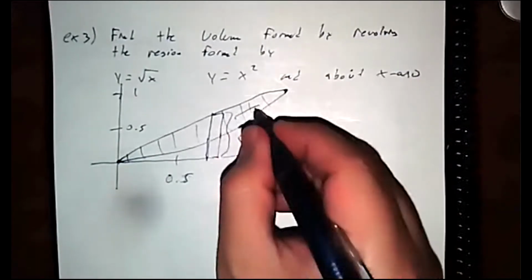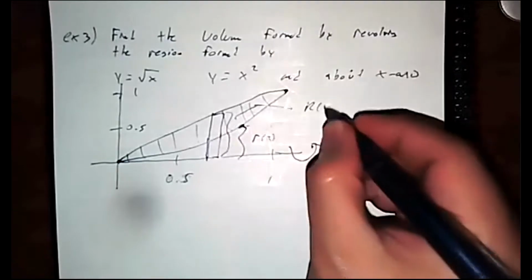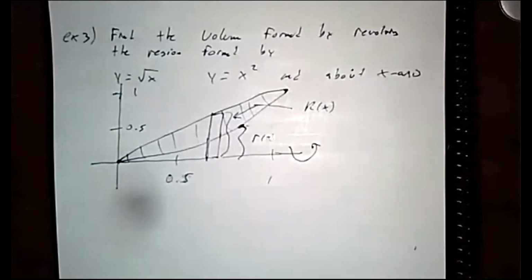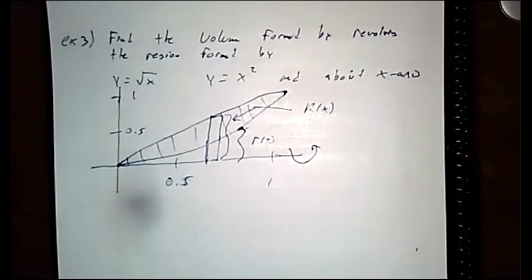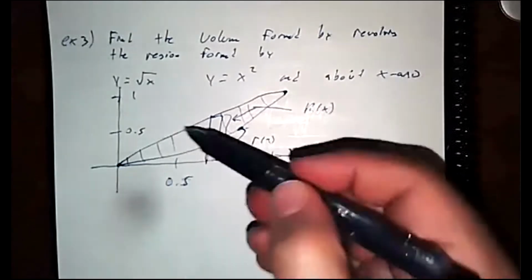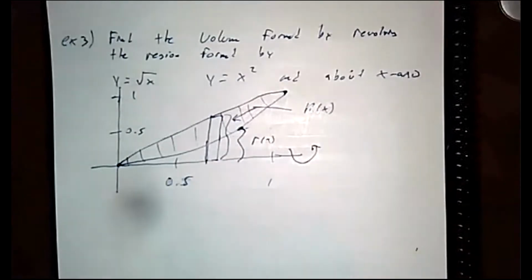And this is big R here. Does that make sense? That little gap at the bottom is little r. In other words, that's what's causing the hole. So when you spin this around, you're going to have a gap in the middle, which needs to be subtracted to find the correct volume.